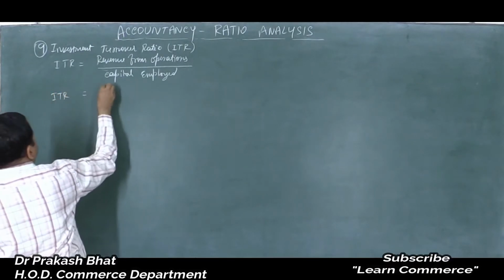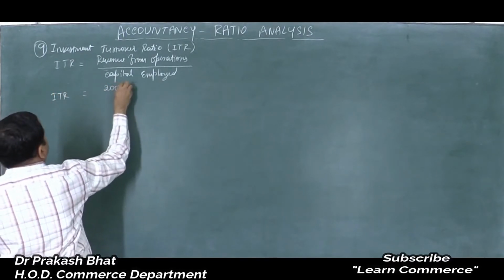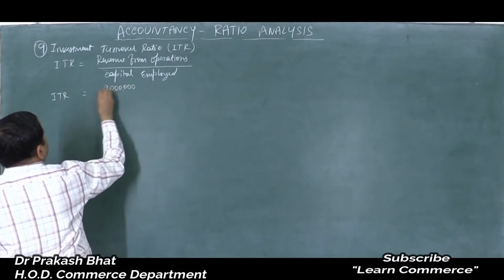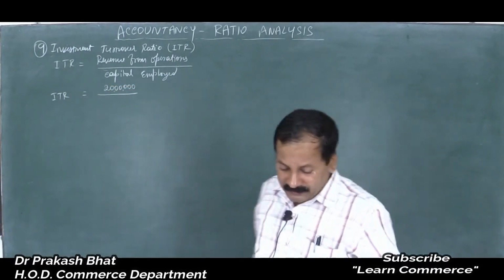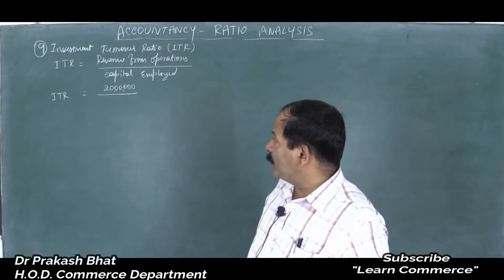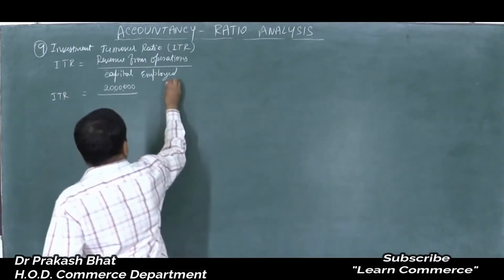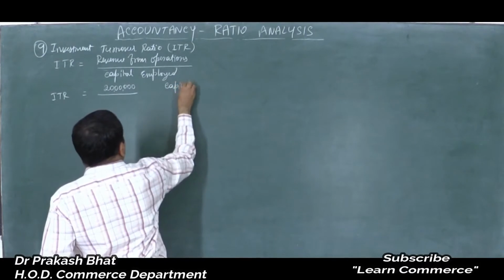So revenue from operations given in the problem, ITR is equal to 20 lakh is the revenue from operations given in the problem. Am I correct? Yes. Then capital employed is not given. Let us calculate capital employed.